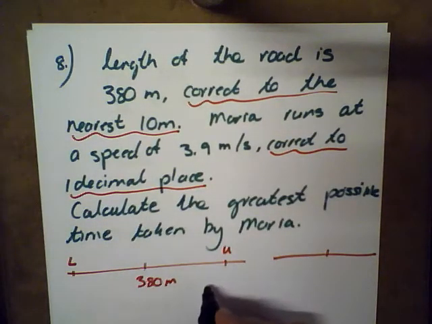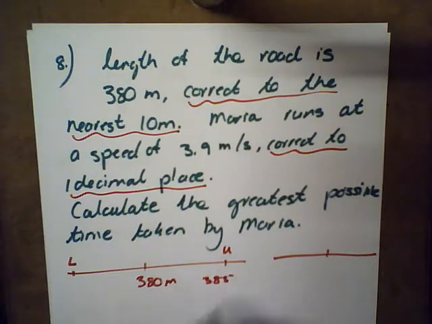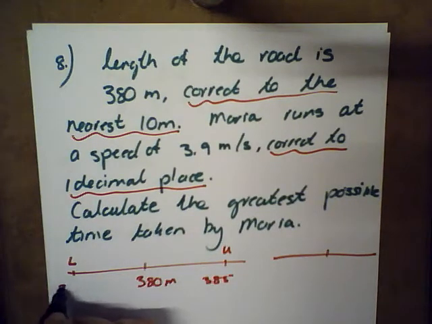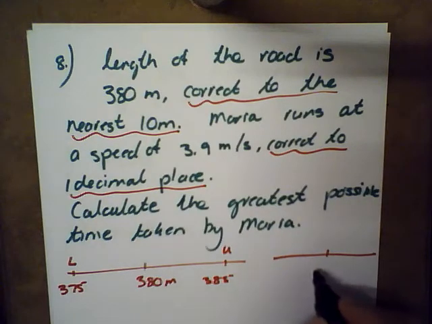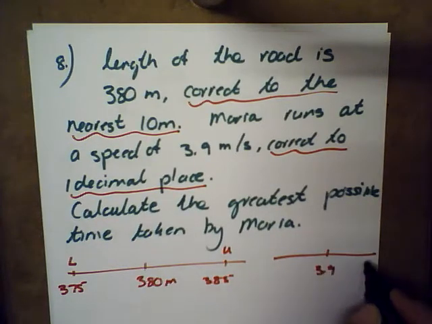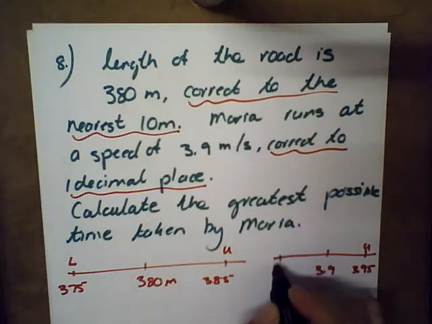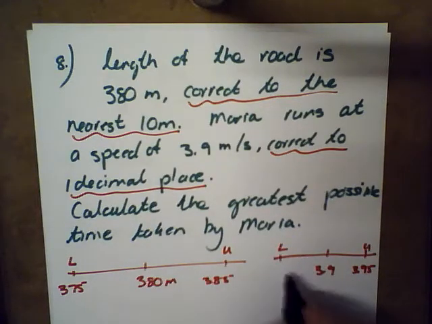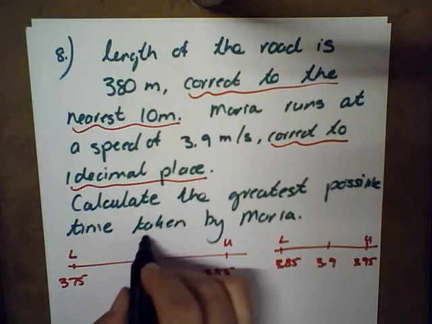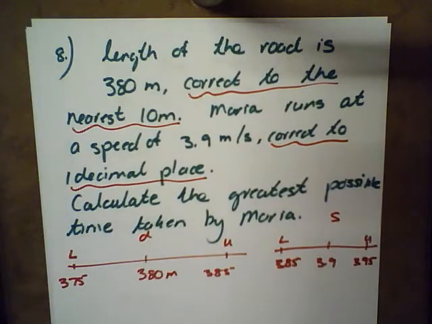So the upper bound would be 385. My lower bound here would be 375. For 3.9 it would be upper bound 3.95 and my lower bound as 3.85.